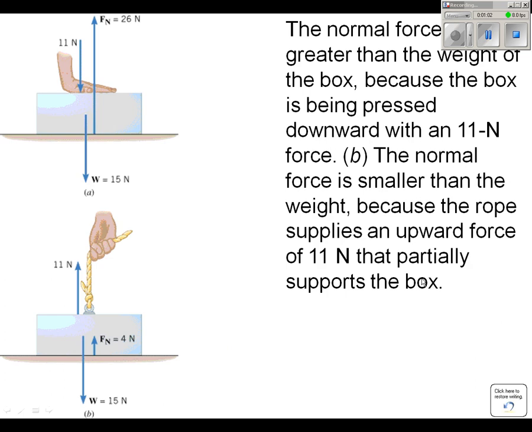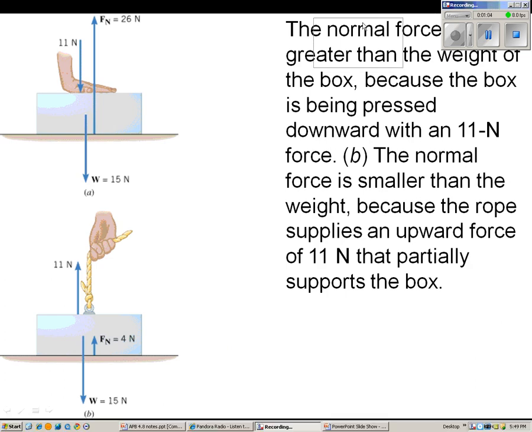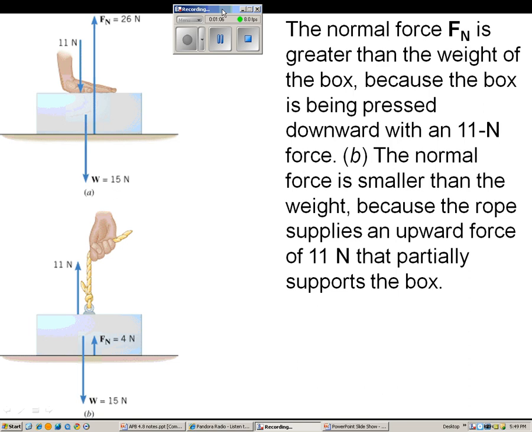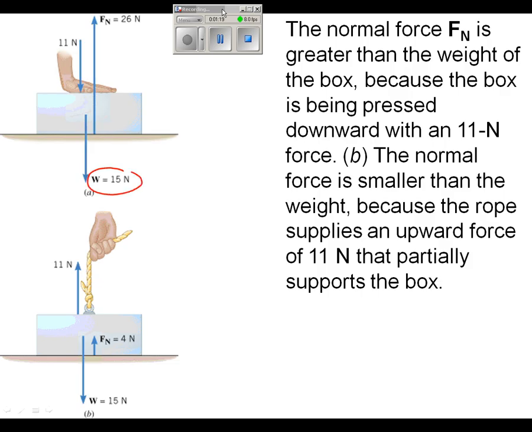Here's an example about dealing with normal forces. It says the normal force F sub n is greater than the weight of the box because the box is being pressed downwards with an 11 Newton force. So if you look over here, the weight of the box is 15 newtons. We're pressing down with 11 newtons, so those two forces downwards are equaled out by this normal force from the surface, 26 newtons upwards.